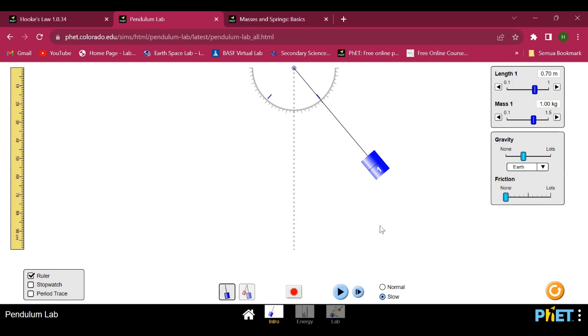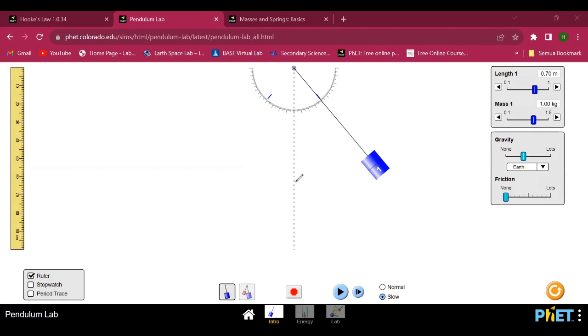But you have to understand the restoring force on a pendulum. When this pendulum moves, it moves back into its normal position.